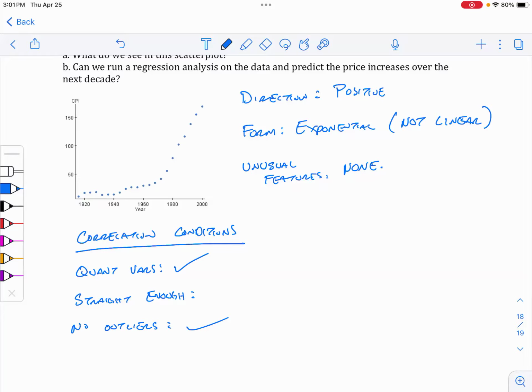We just defined this as not linear, aka exponential. That means the form is defined as not linear, so this condition fails.